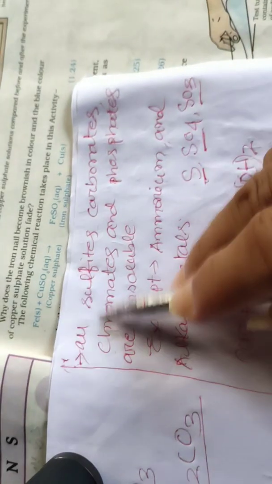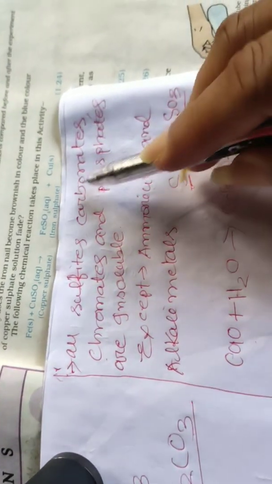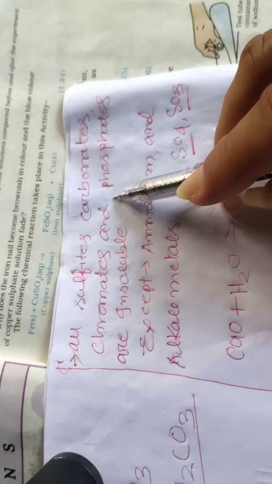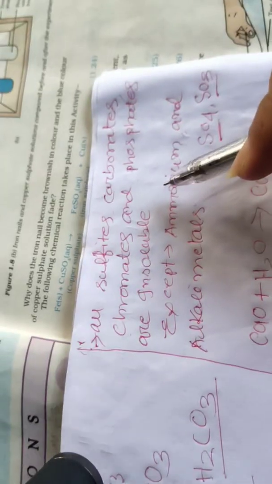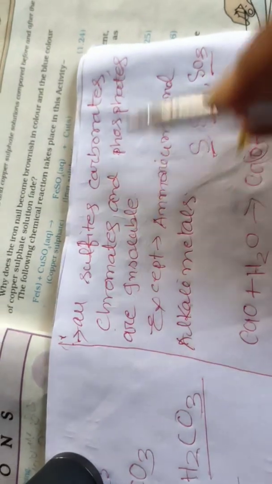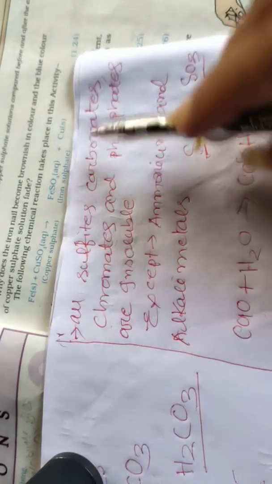Okay. So all sulfites, carbonates, chromates and phosphates are insoluble. Chromates, we have already seen potassium chromate. So chromates, phosphates, sulfites, carbonates, all these compounds are insoluble, that is, they will precipitate.